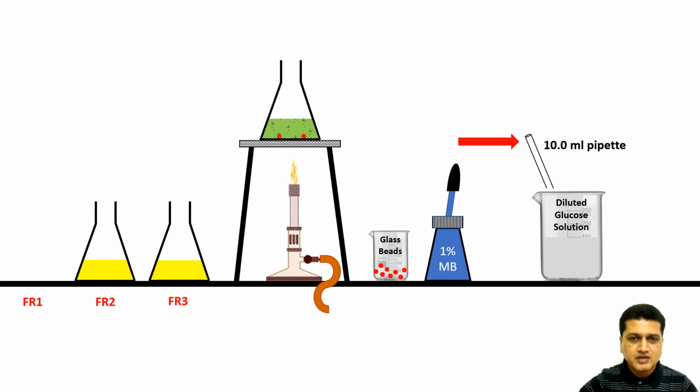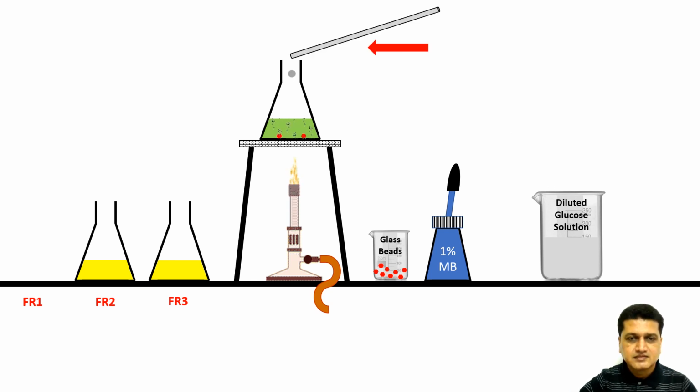Now, with the help of 10 ml glass pipette, add the diluted glucose solution drop-wise to the boiling mixture. As the titration continues, the color of the mixture will change from green to purple.